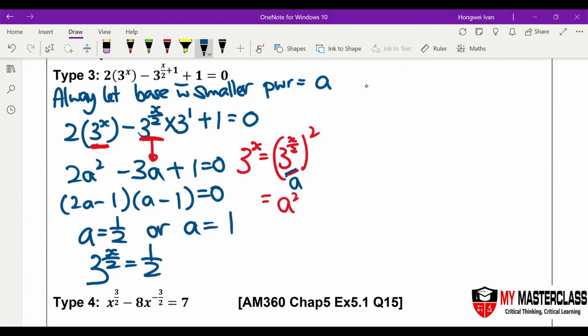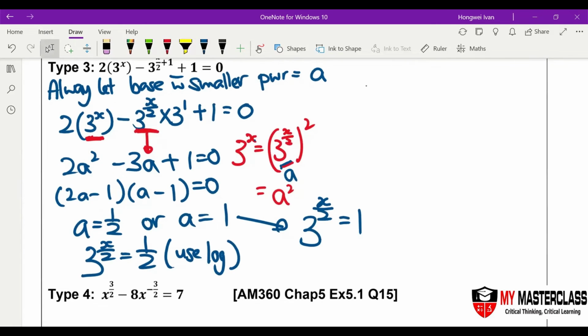This one, use log, which you will learn next time. That's not the point. So if it's 3 to the power of x over 2 equals 1, Janessa, 3 to the power of what will always be equal to 1? 0. Yes, x equals 0.